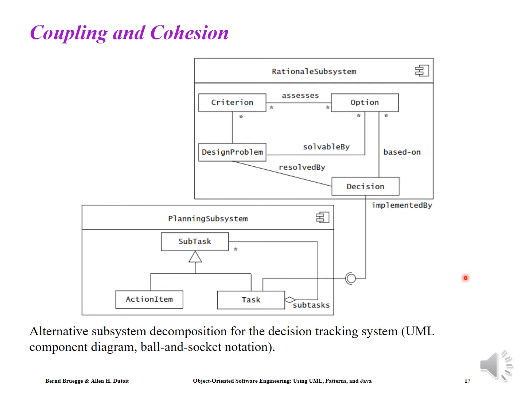So in other words, the planning subsystem requires services of the rational subsystem. By making subsystems highly cohesive, it enables the reuse of subsystems. You can reuse each subsystem independently.